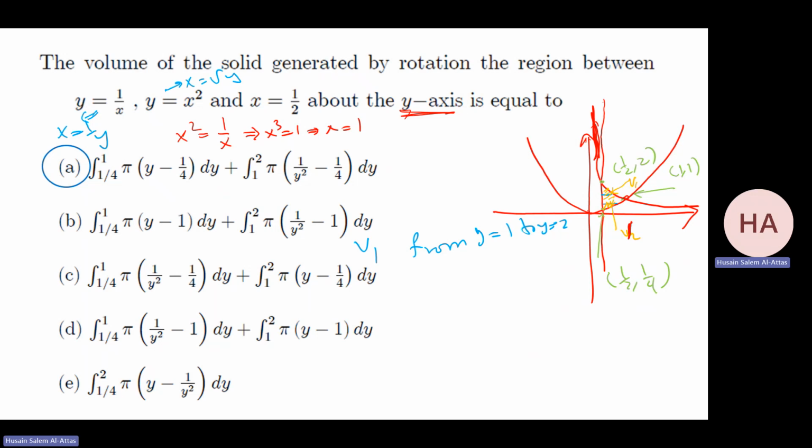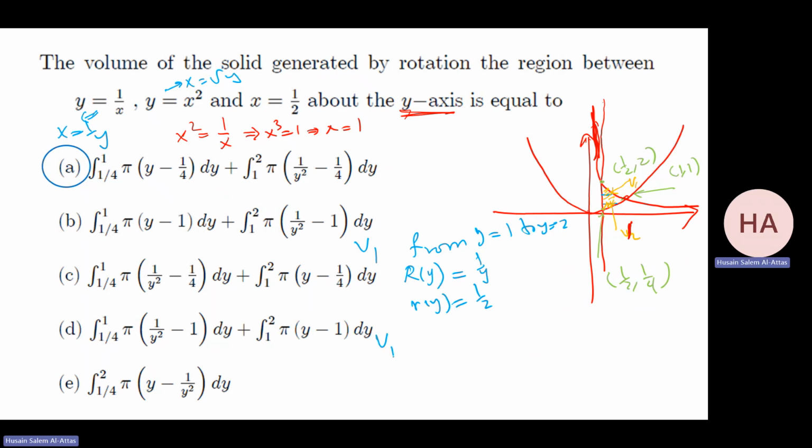Everything is in the first quadrant. And r of y, the upper is 1 over y, and the lower is x equals half. So the lower is half.